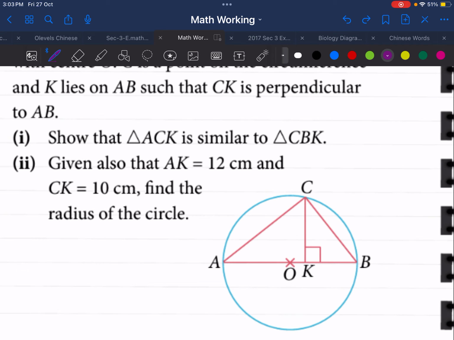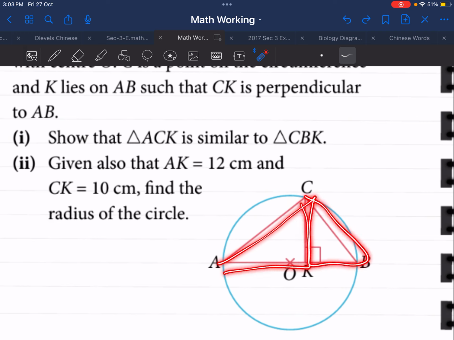ACK is similar to CBK, so we know that this is similar to this. One way to show it is similar is by the side method. We just need to show that the ratios of the corresponding sides are equal, to show that it's similar.